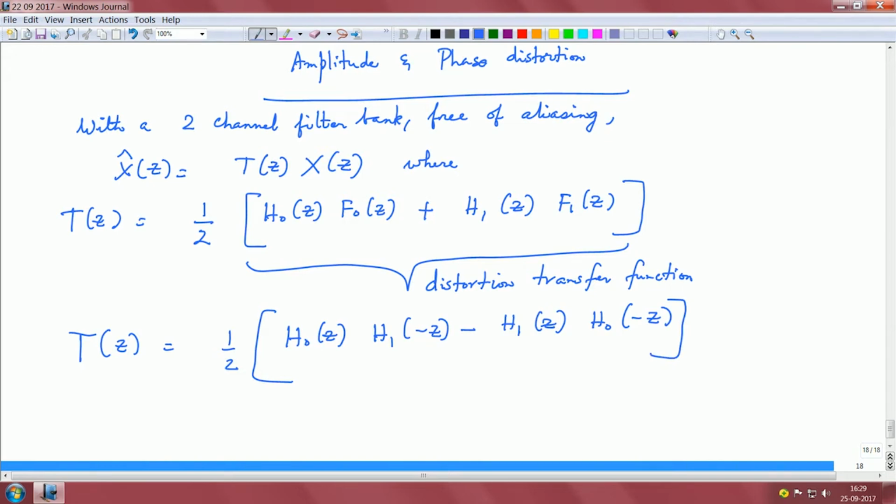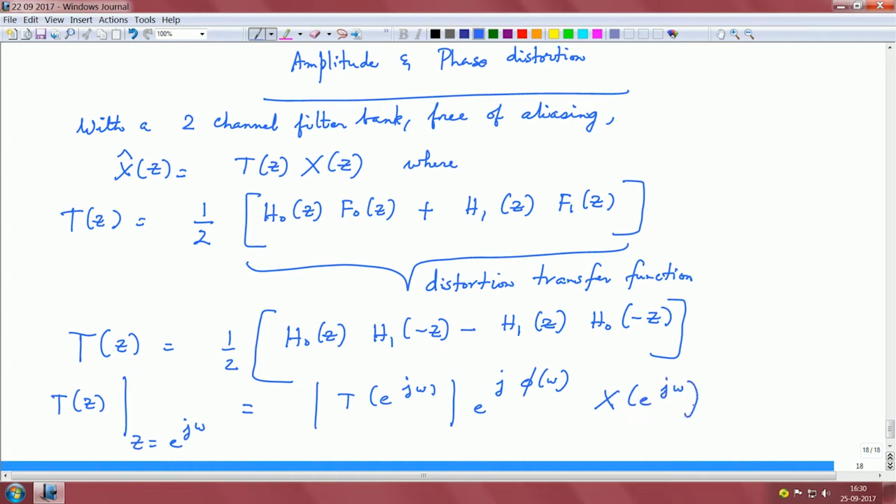Now, when I evaluate T of z at z equals e^(j omega), I get some magnitude of this transfer function, and then I have some phase phi of omega, X of e^(j omega). So, I just rewrote this transfer function as having some magnitude response and some phase response.